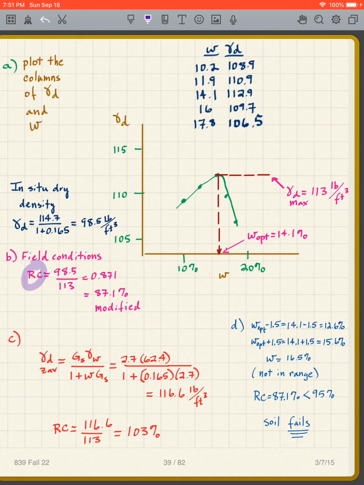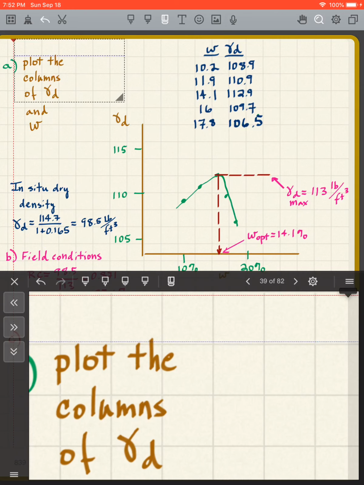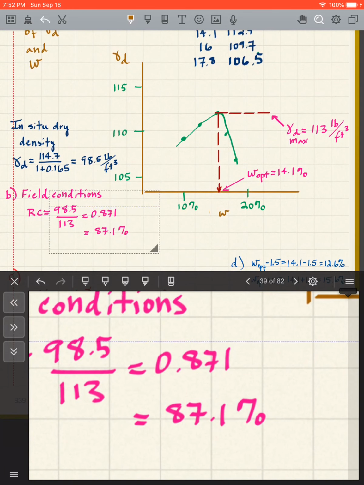So my relative compaction is going to be the 98.5 divided by the 113, and that gives me 0.871, which is 87.1%. And this is not right. This is the standard. We said we plotted the standard. So let's change that.